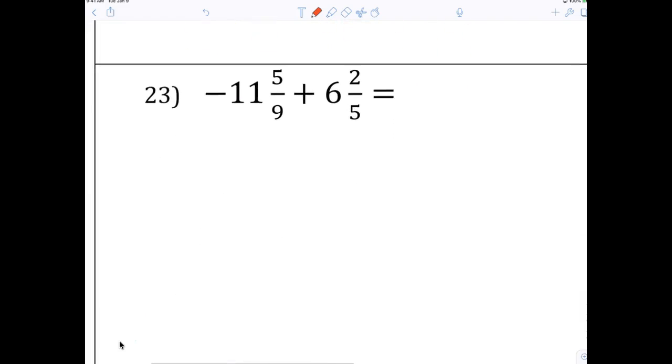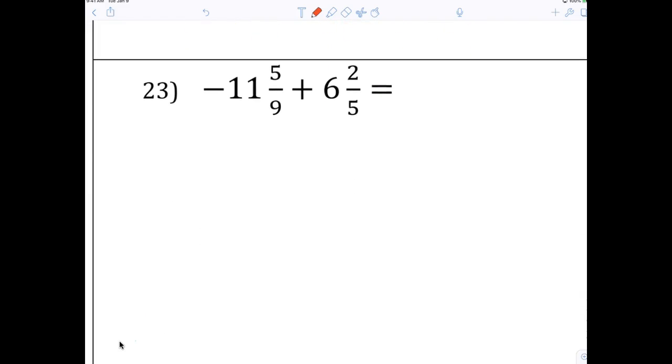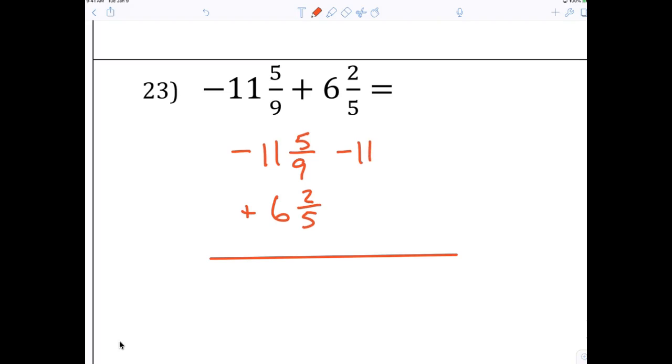All right, 23. Do I add or subtract? Subtract. Negative 11 and 5/9 plus 6 and 2/5. Common denominator. Good. Negative 11 and 25 over 45 plus 6 and 18 over 45.